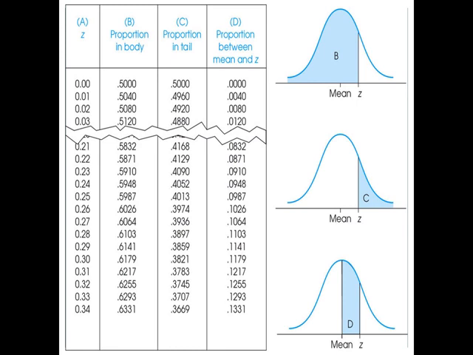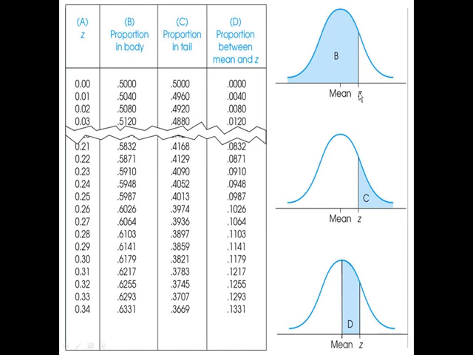Column B gives us the proportion in the body of the distribution at that z-score. So in other words, if we have a z-score of 0.33, let's say that this z-score in the top right hand corner corresponds to z equals 0.33.